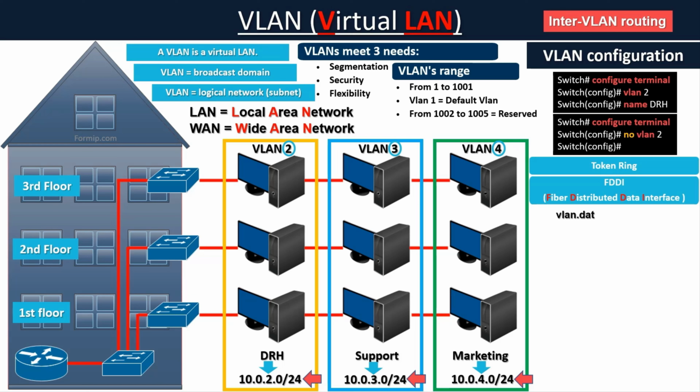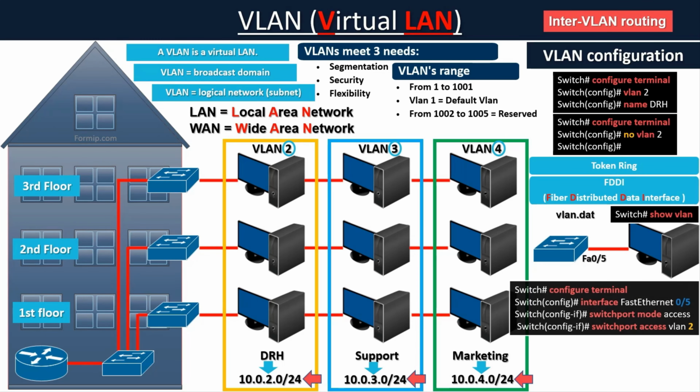To view the VLANs in this file, you have to do a show vlan in the privileged mode of the IOS. When connecting a PC to the port of a switch, it must be associated with a VLAN. To do this, you have to assign the VLAN to the port of the switch. A port that is associated with a VLAN becomes an access port.